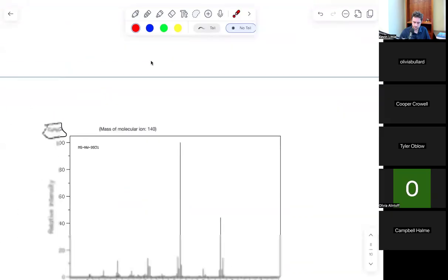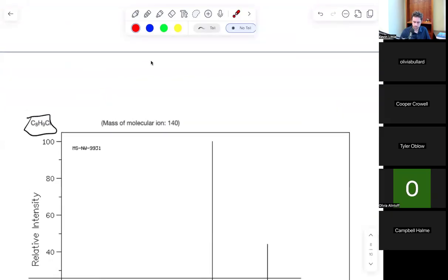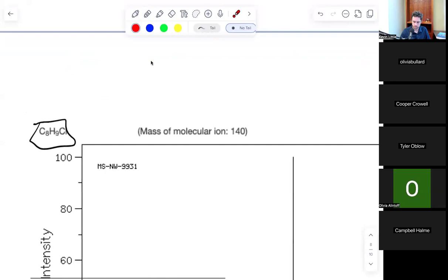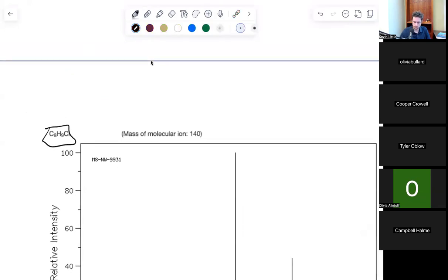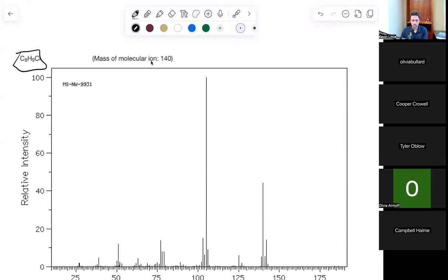All right. The first thing we're going to do is the degrees of unsaturation. C8, so 8 times 2 plus 2, minus 9, minus 1, all over 2.